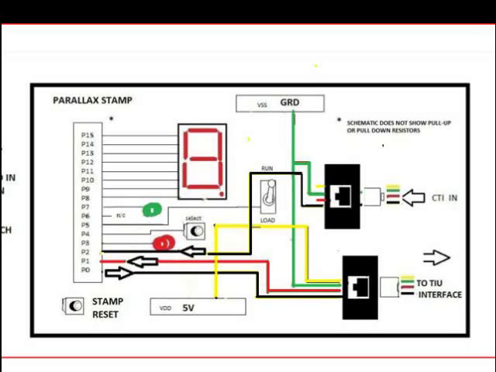I use pin 0, pin 1, and pin 2 to communicate with the stamp and with CTI and the handheld. Pin 0 is the output of data to the TIU. Pin 1 is the input of data from the remote for loading. Pin 2 is the input from CTI.